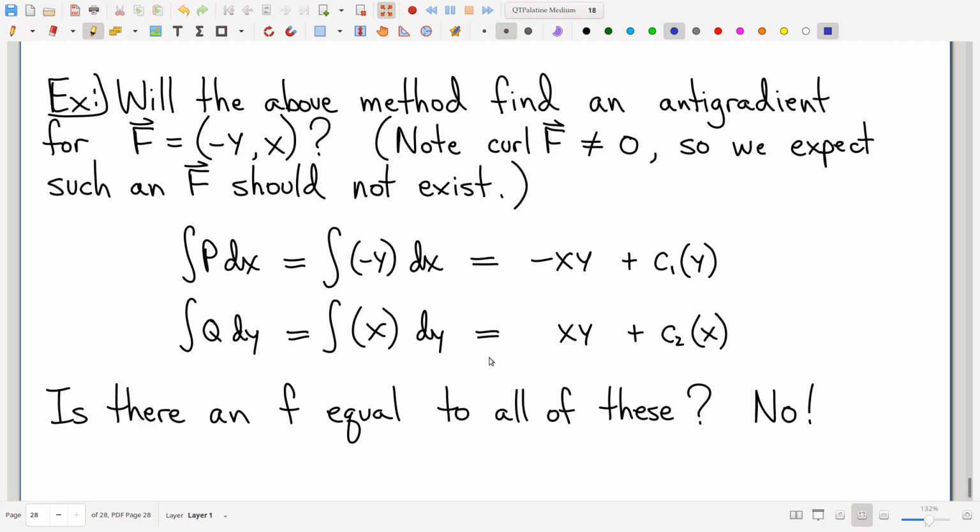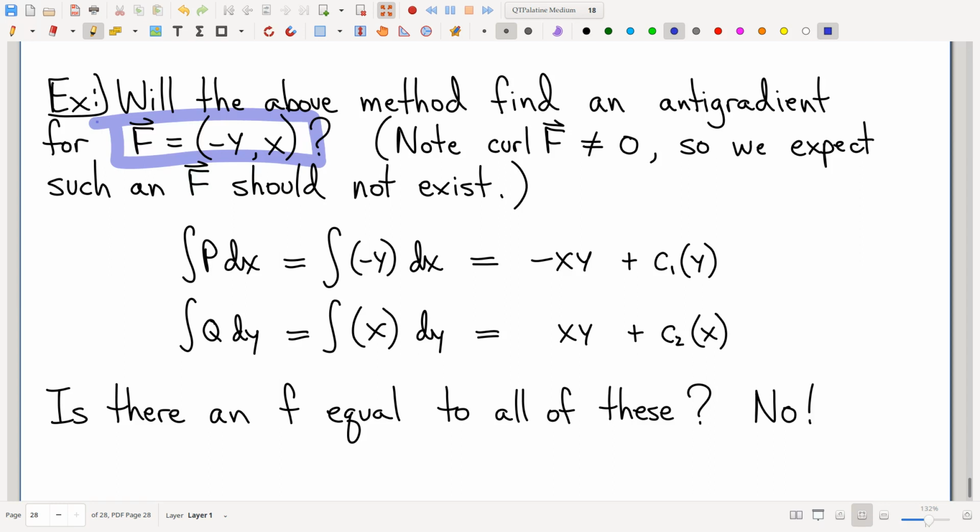It's really quite special for a vector field to be a gradient, or said differently, to have an anti-gradient. And this one, in fact, we know does not have an anti-gradient, right? We've already looked at this one. This is the one that we drew the picture, and Grandpa lied when he said that he walked uphill in the snow both ways, all that stuff. So we know there is no anti-gradient here.